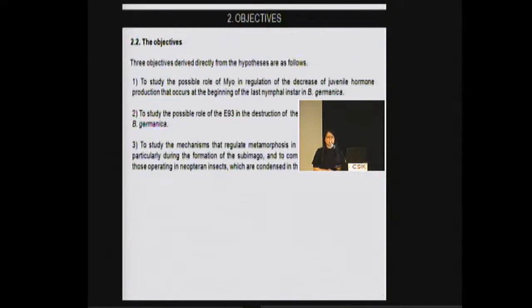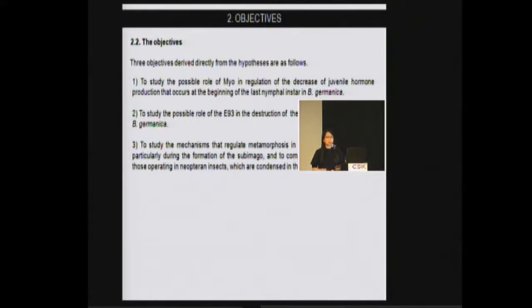So the objectives are derived directly from those hypotheses. First, to study the possible role of myoglianin in regulation of the decrease of juvenile hormone production, which occurs at the beginning of the last nymphal instar in Blattella germanica.